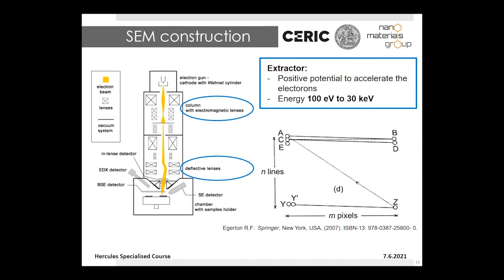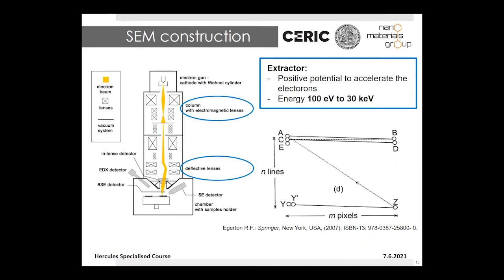The first of them is called the extractor. On an extractor, we have positive potential to accelerate the electrons, and the energy of these electrons, the electron beam energy, could be in a range from a few electron volts to mostly 30 kilo electron volts.